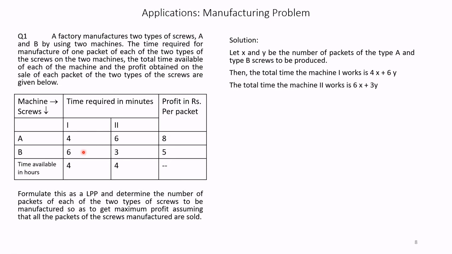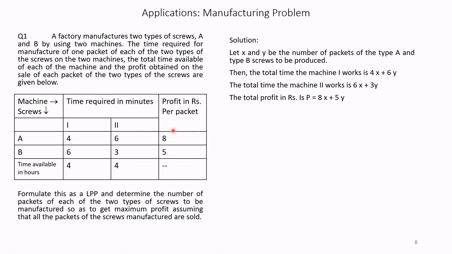The total time for machine 2 is 6x plus 3y. We have to take this vertically, for each machine we have to calculate. Now we have to put the objective function.